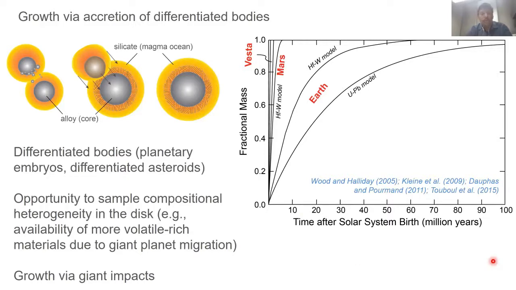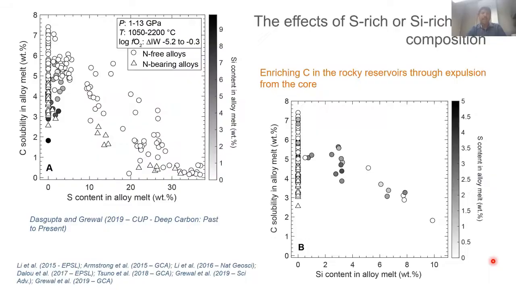Once we do that, we open up the possibility of the core composition deviating from pure iron alloy, to an alloy with quite a bit of different chemistry potentially. And interestingly, we started to realize that indeed, if the sulfur content or the silicon content of the alloy, meaning the composition of the core, starts to deviate from 0% sulfur or 0% silicon, if you have much more sulfur or much more silicon in the core, the solubility of carbon in the alloy melt actually diminishes strongly, okay?